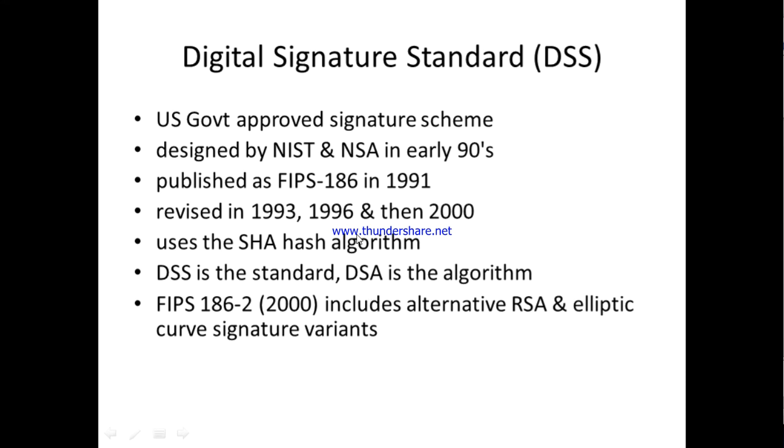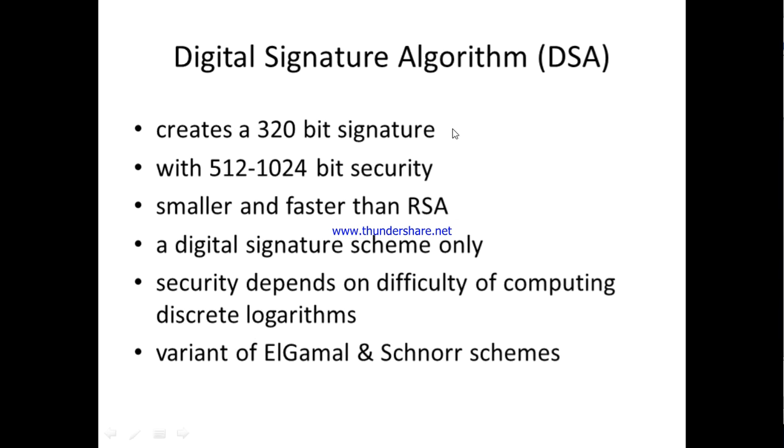Now the last topic in digital signatures is the Digital Signature Standard. This is a standardized algorithm for digital signatures. I am directly going with the digital signature algorithm. It creates a 320-bit signature, with 512 to 1024-bit security, smaller and faster than RSA.